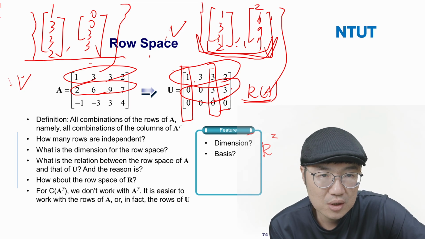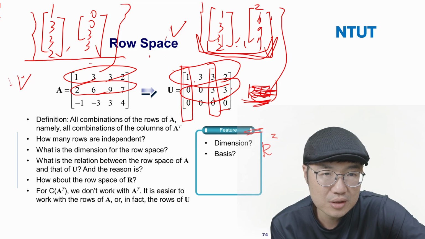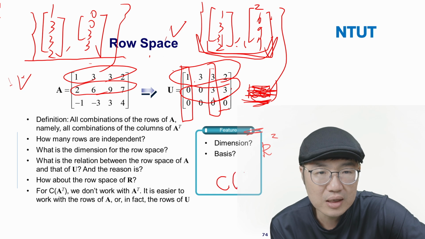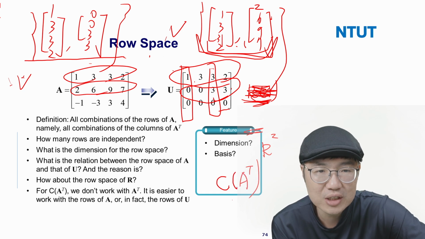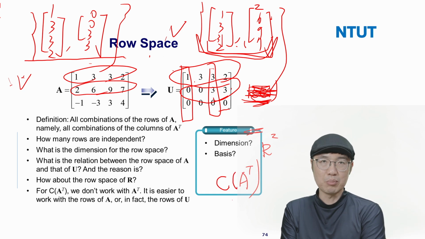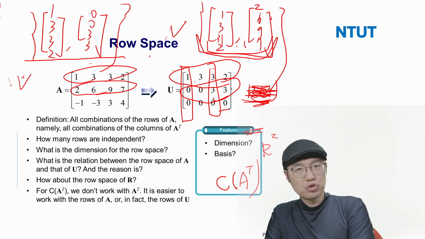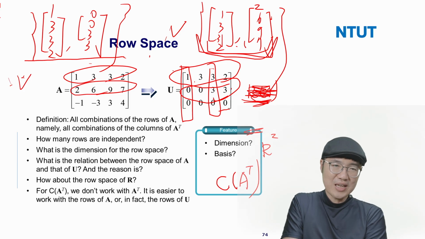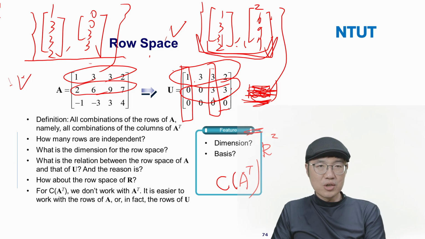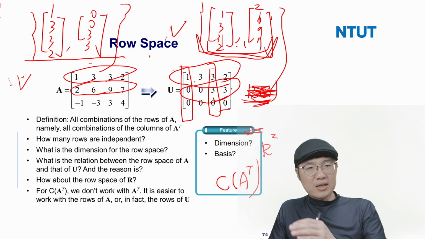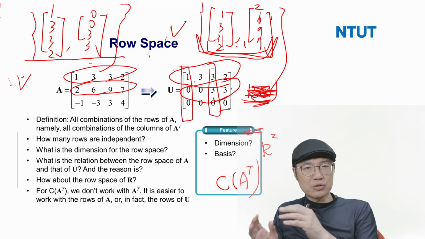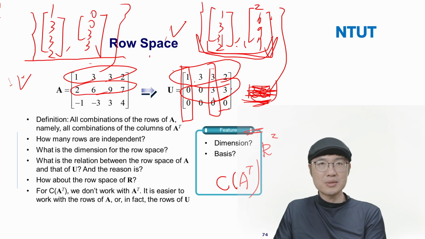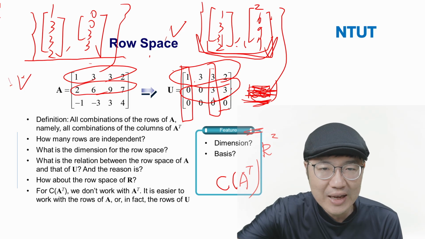So we need a new notation. We call row space the column space of A transpose. That's smart because when you transpose A, row becomes column. So the columns of A transpose are the rows of A. We use this notation to call row space the column space of A transpose.